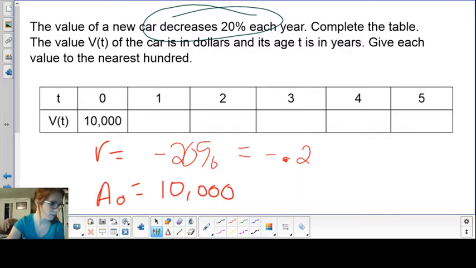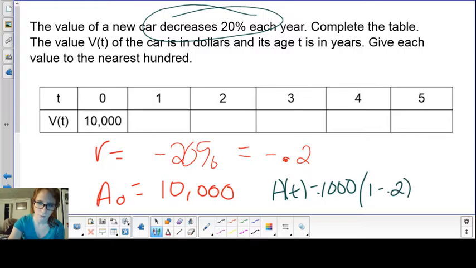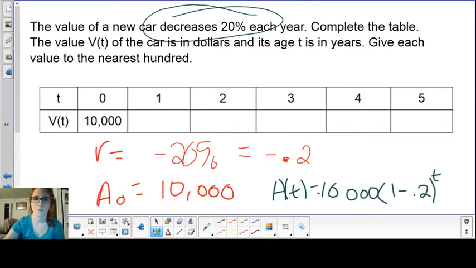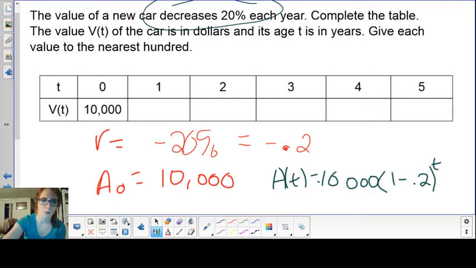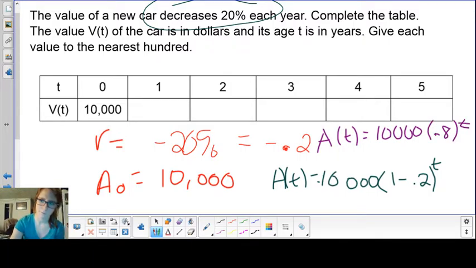So my equation is A of T is equal to 10,000 times 1 minus 0.2 to the T, not to the 6, to the T. So in purple, because I'm running out of space over there, my A of t is 10,000 times 0.8 to the t.